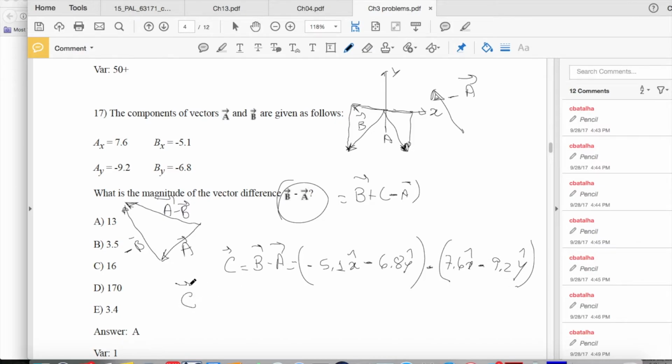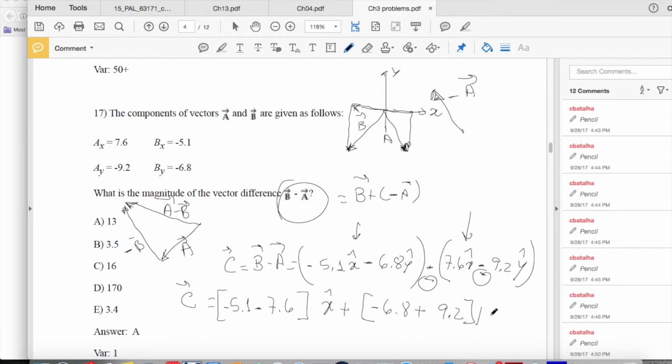So C is going to be given by, now you group them in the X component, negative 5.1 minus 7.6 in the X direction, plus, and you group them in the Y direction, negative 6.8 minus minus, and minus with minus gives you a positive number, 9.2.